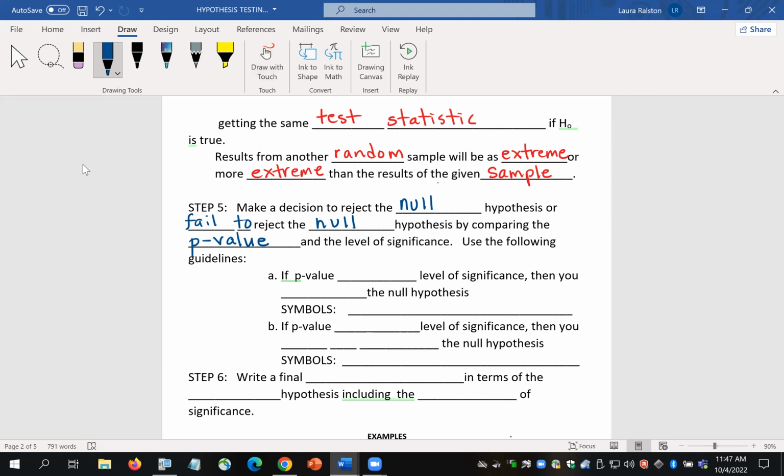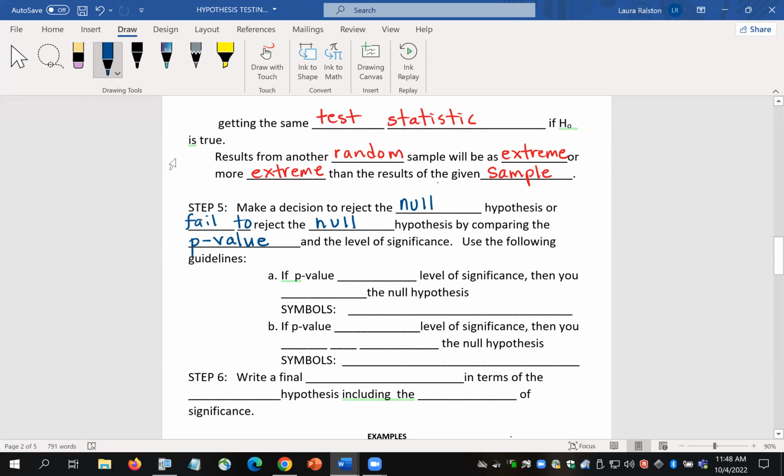And I realize I haven't explained level of significance yet, so hang on and I will. Okay, notice that our decisions are, again, based on the null hypothesis. Because remember, at the beginning, we've assumed the null hypothesis is true. Just like we've assumed a person is innocent until proven guilty. So we have assumed our null hypothesis is true unless we prove otherwise.